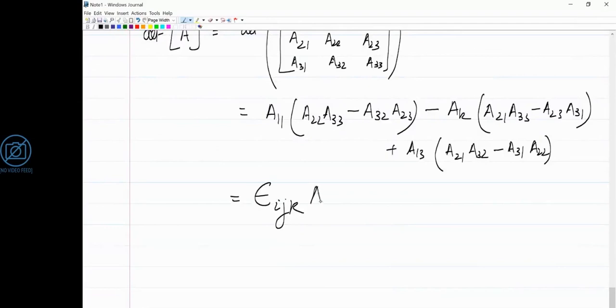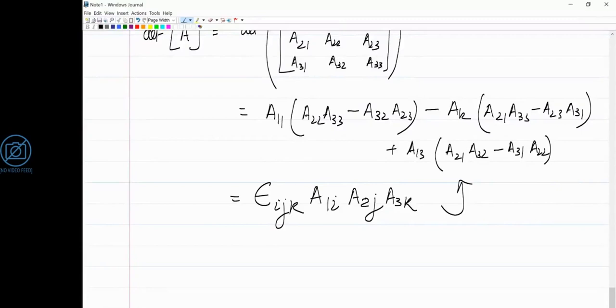So this thing becomes epsilon ijk into a1i, a2j into a3k. When you expand this expression, you will see that it becomes the same thing as this. So you can see the advantage of this permutation symbol, isn't it? It is used to denote the determinant.